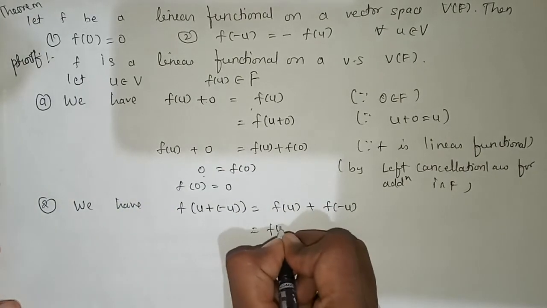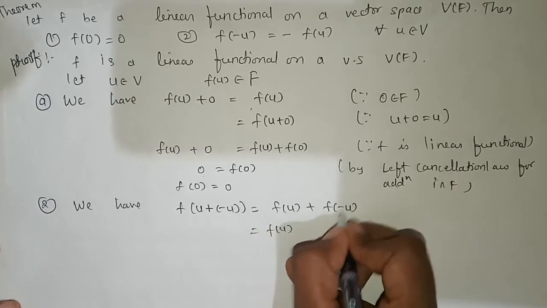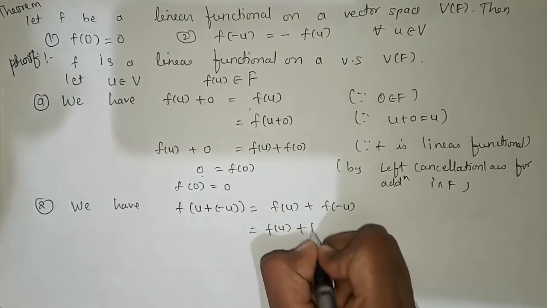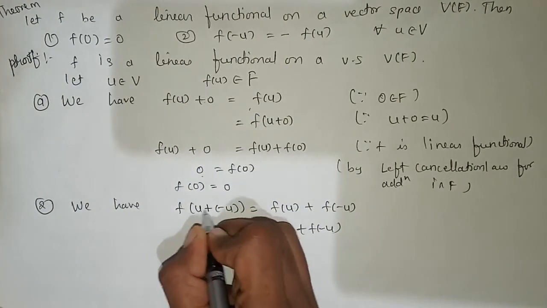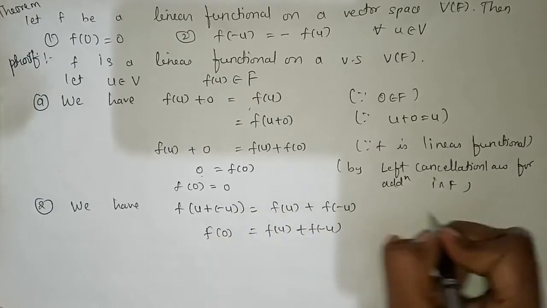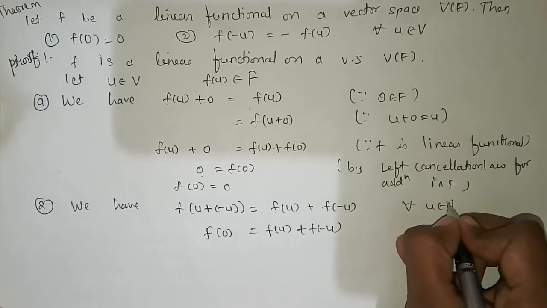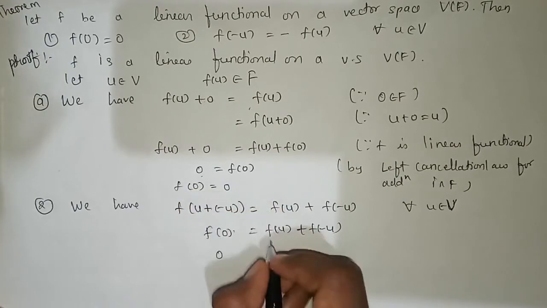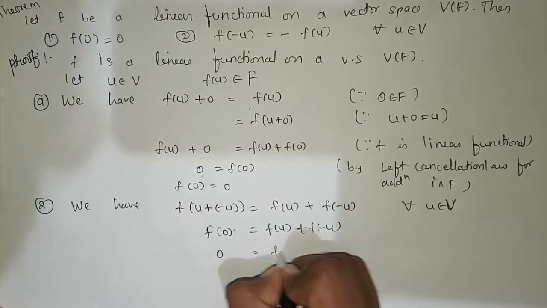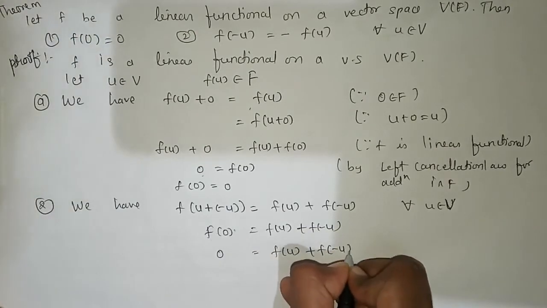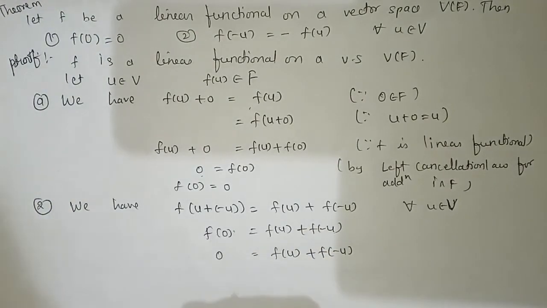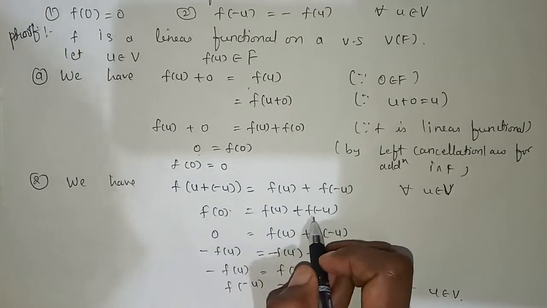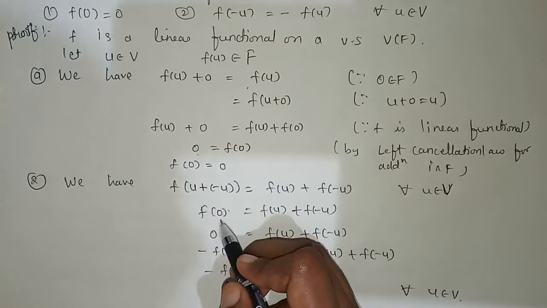Now u plus minus u is nothing but 0 for all u belonging to V. So f(0) is equal to f(u) plus f(minus u), because u plus minus u is equal to 0.